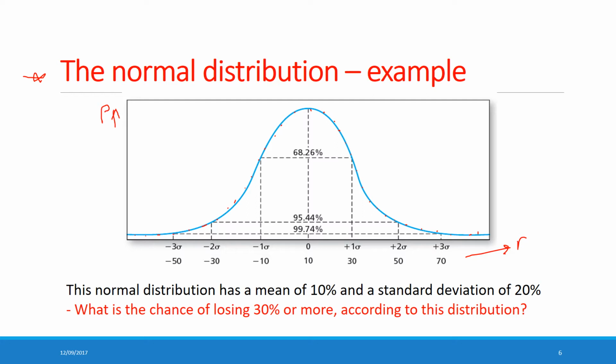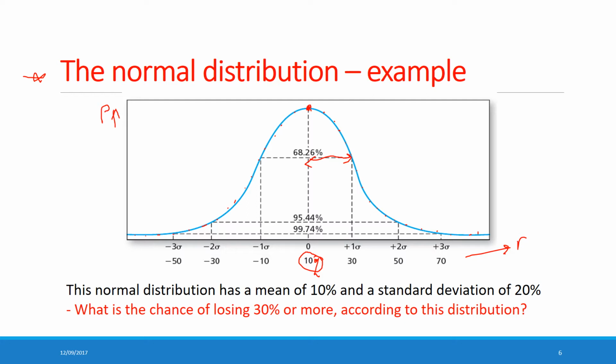Suppose that we have returns that follow this normal distribution, and we work out that the mean of the distribution is 10%, and the standard deviation of the distribution is 20%, right? So what does it tell us? It tells us that 50% of the time we would expect the return to be above 10%.